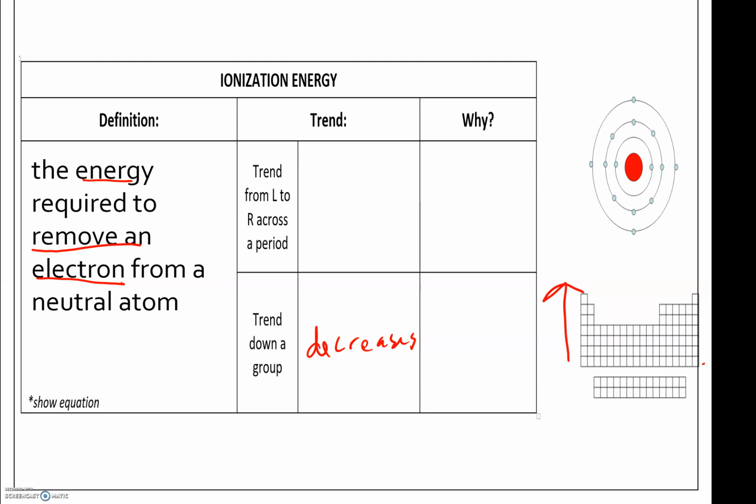Well, how come? Well, once again, it has to do with the positioning of the valence electrons, their distance from the nucleus.